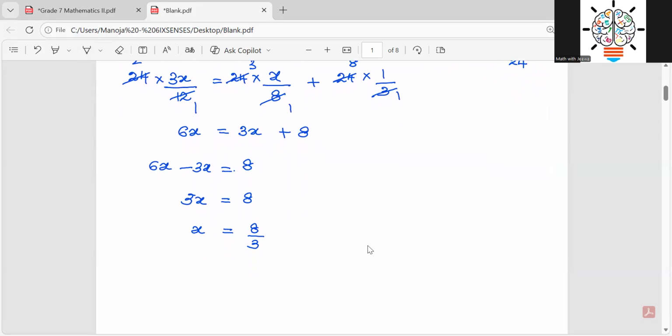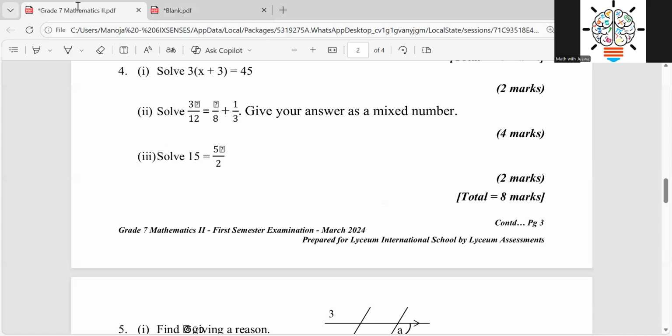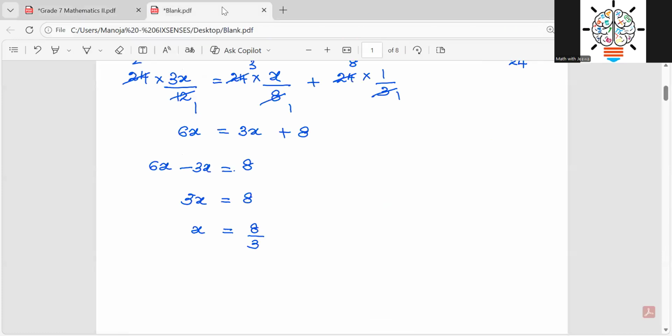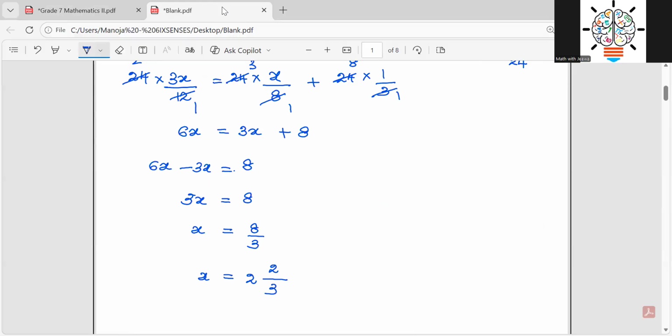And then you write the answer as a mixed number, since they have asked for a mixed number. So you write x is equal to 2 and 2 over 3. Right? You know how to get that: 8 you divide by 3, 3 times 2, 6, the remainder 2.